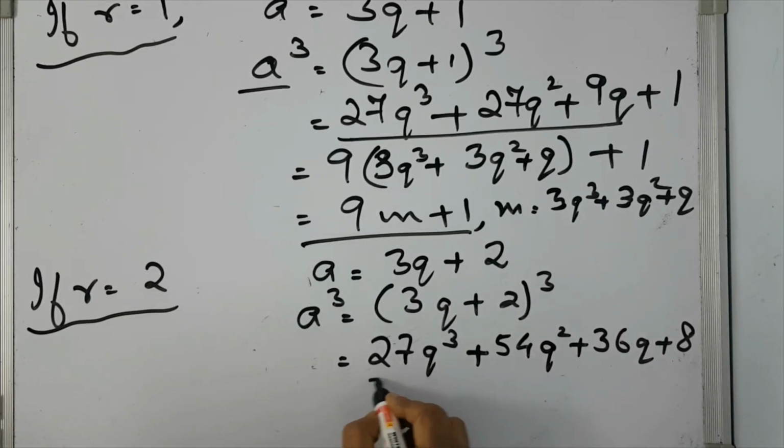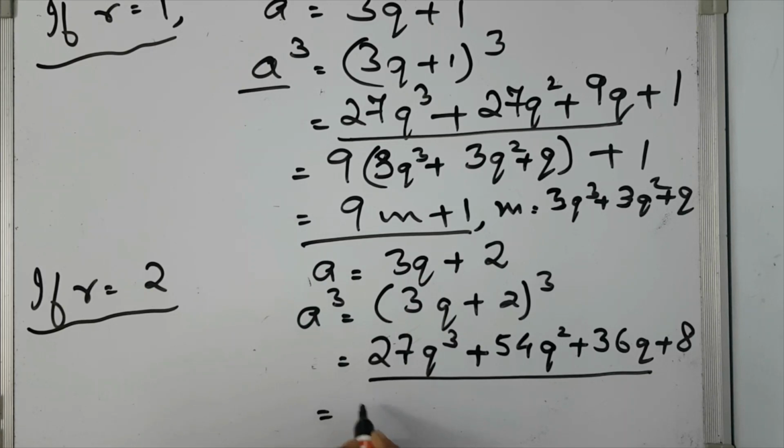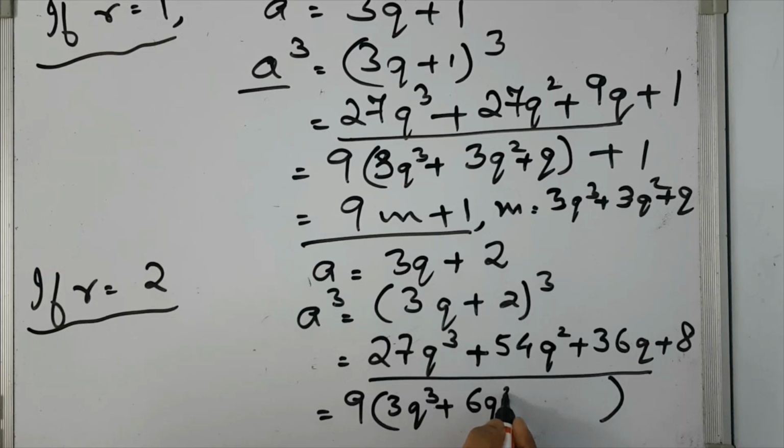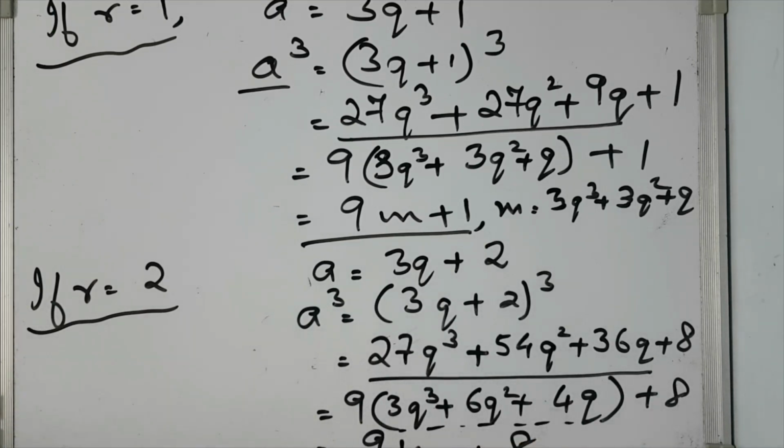I can easily take 9 from this. I'll get 9 into 3q cube plus 6q square plus 4q plus 8. This is very clearly in the form of 9m plus 8, where m is equal to this thing. So we got 9m plus 8.